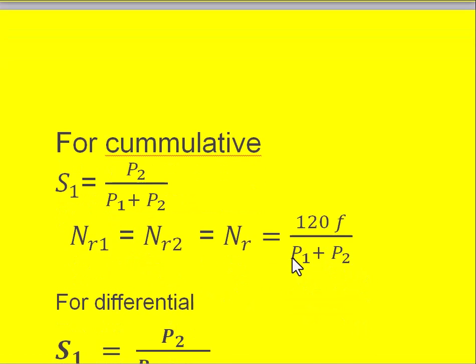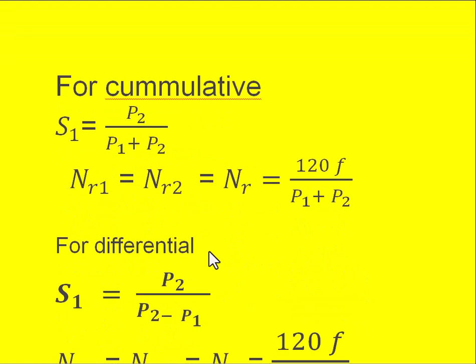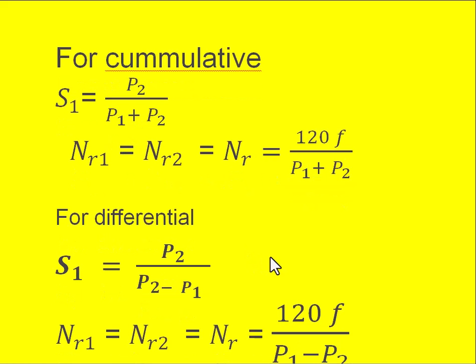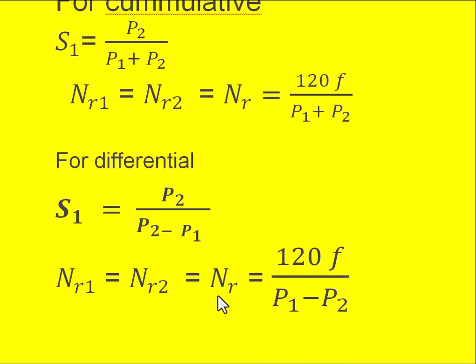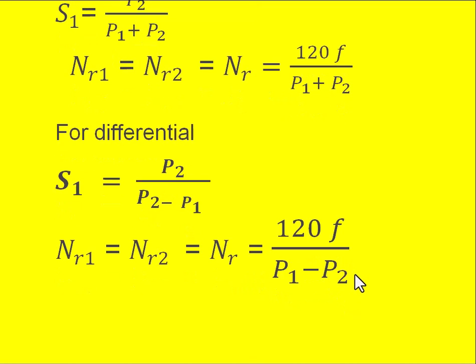Whereas for a differential connection of the two three-phase induction motors of two different poles, S1 will become P2 divided by P2 minus P1, and the common speed of both the machines, machine 1 and machine 2, or motor speed, will become 120F divided by P1 minus P2.